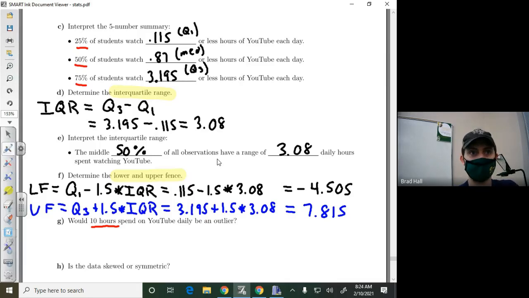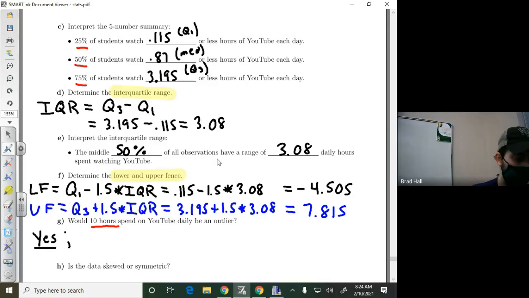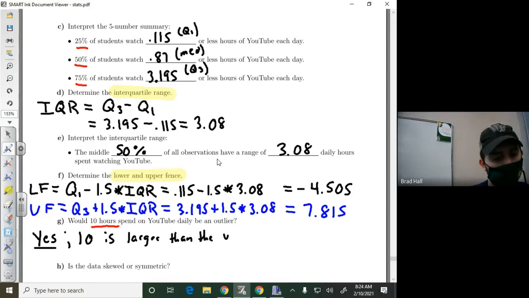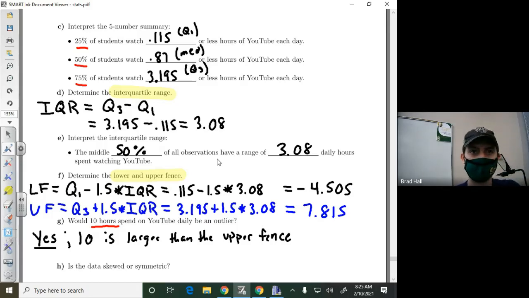The answer is yes. 10 is larger than the upper fence. If you're larger than the upper fence or lower than the lower fence, you're an outlier by definition. So 10 is larger than the upper fence, which was 7.815.